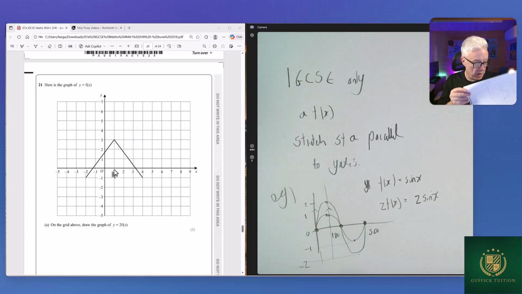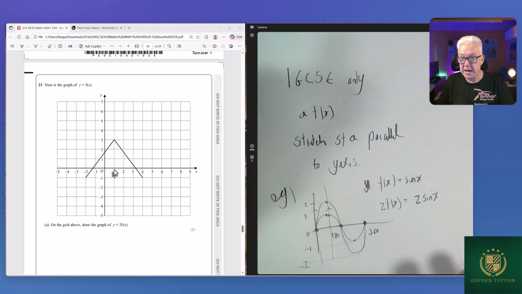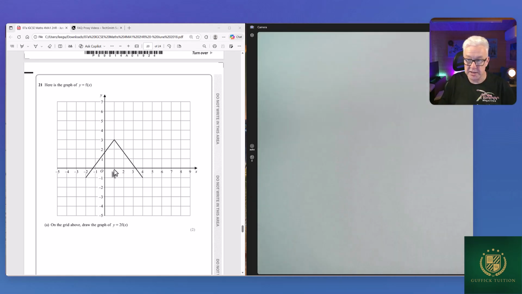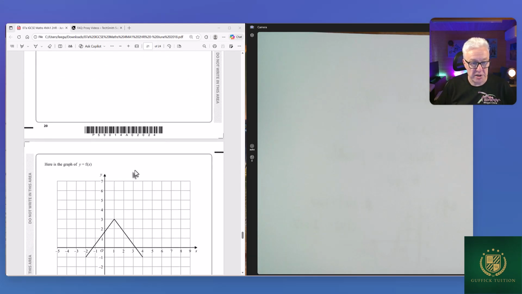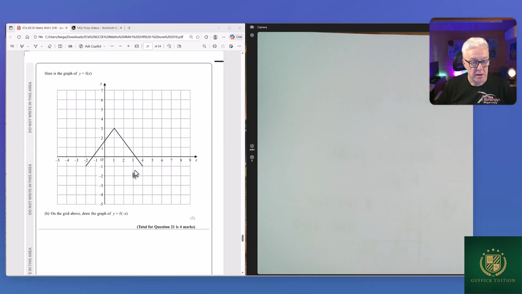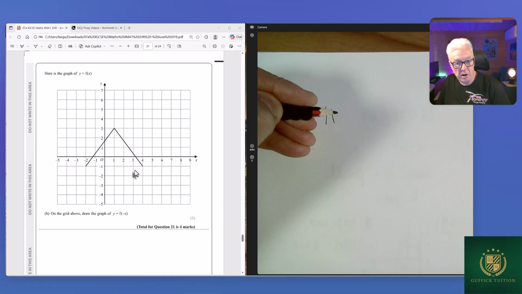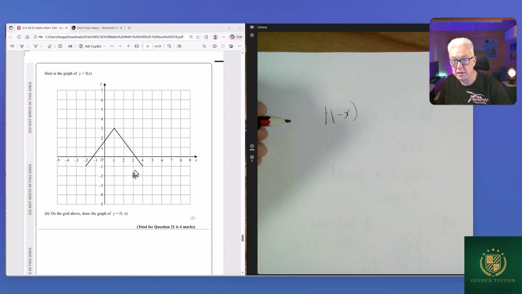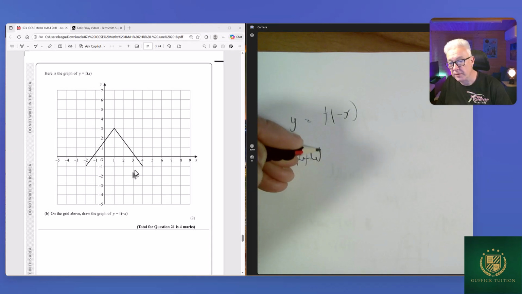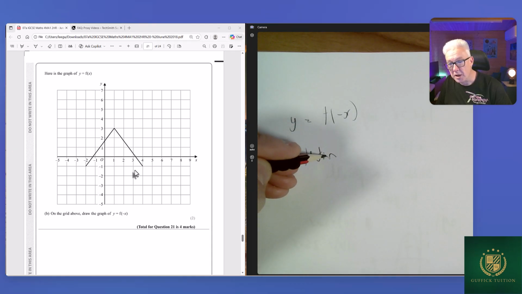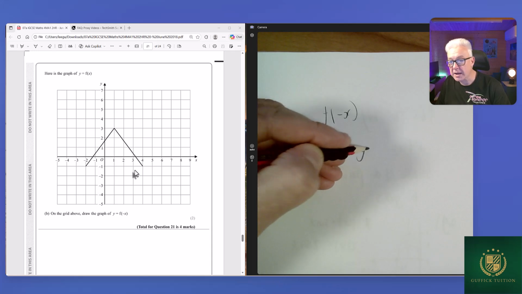Now the next one, we're back all together, and this next one is not only for IGCSE, this one is for everyone, whether you're doing IGCSE or regular GCSE. And this is the transformation f of -x. Now this one is a reflection in the y-axis.